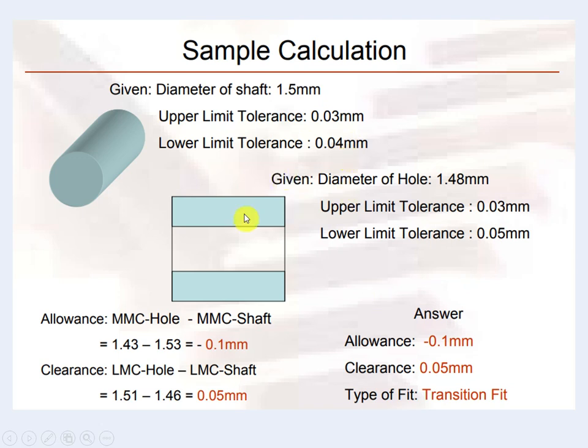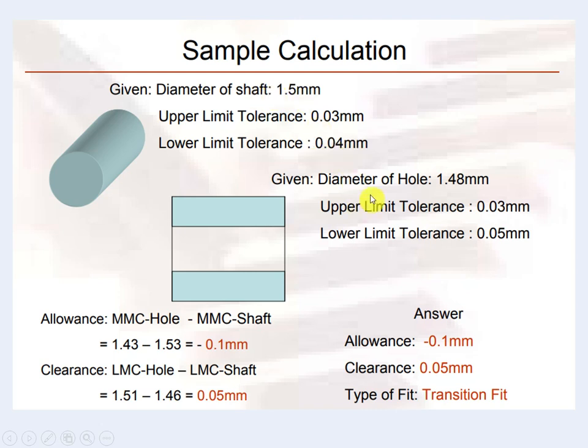What is the tolerance for the hole, guys? It's 0.08. Okay. What is the largest material condition for the shaft? 1.53. It's the basic size plus 0.03 millimeter. What is the least material condition for the shaft? 1.5 minus 0.04.